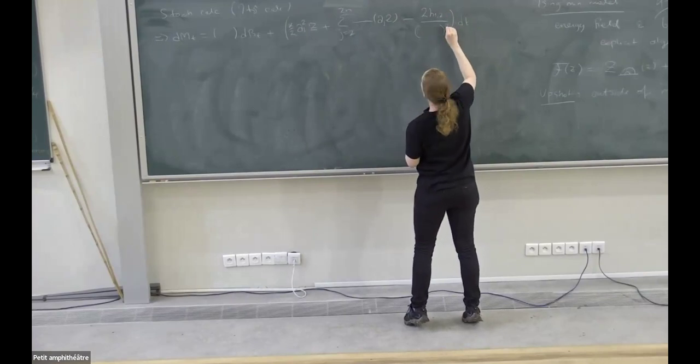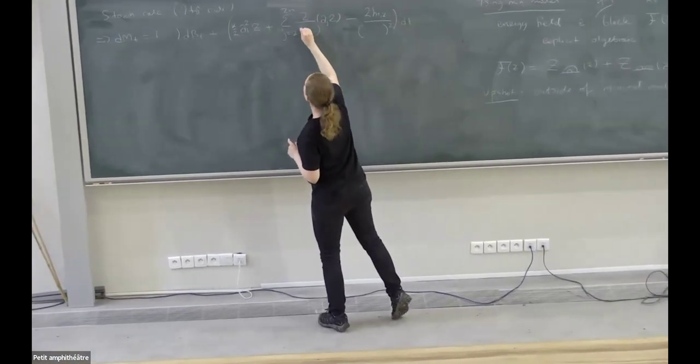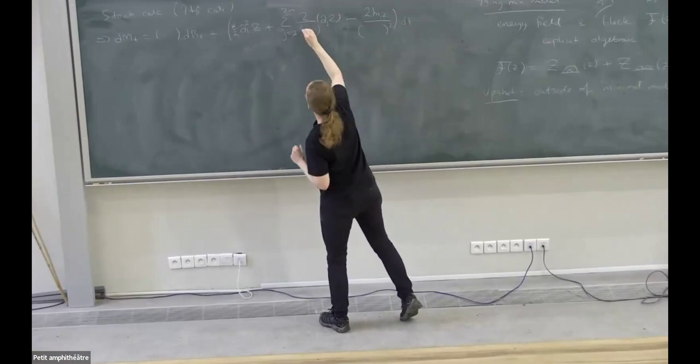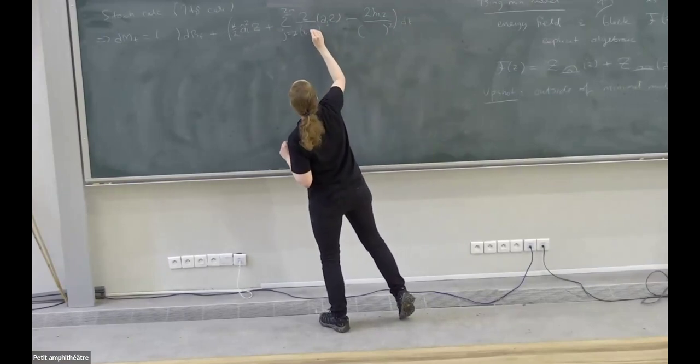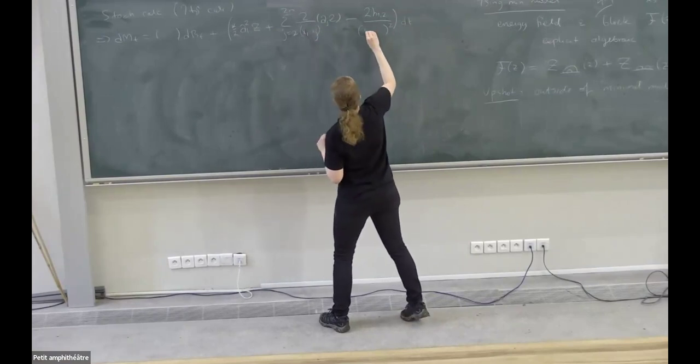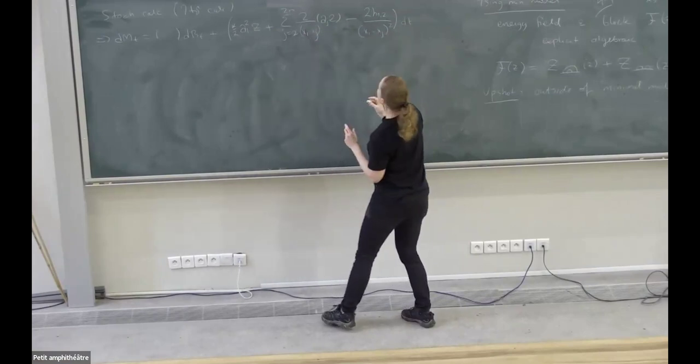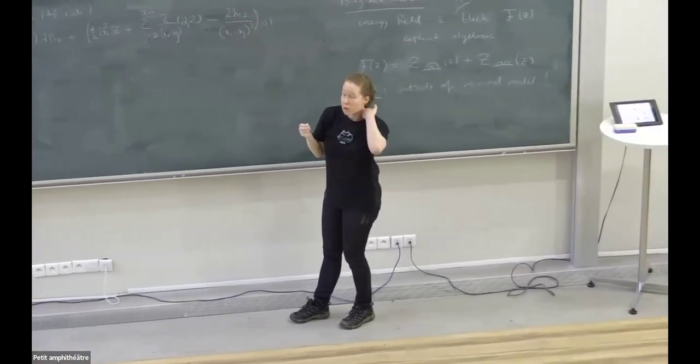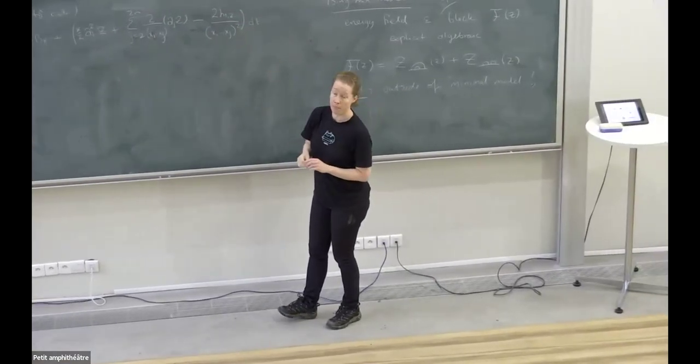I think you start seeing something now: x_i minus x_j. So hopefully this looks a bit like the BPZ equation in some form.